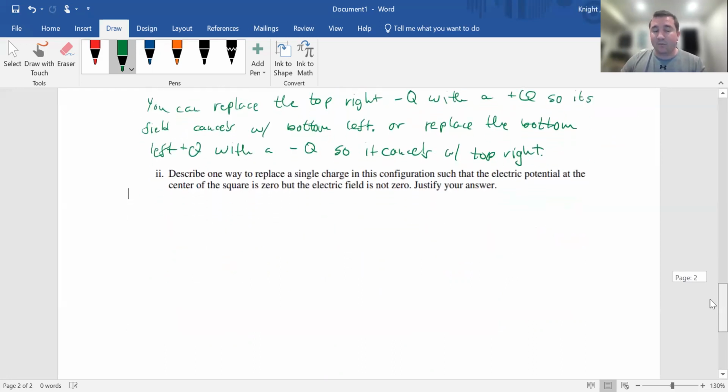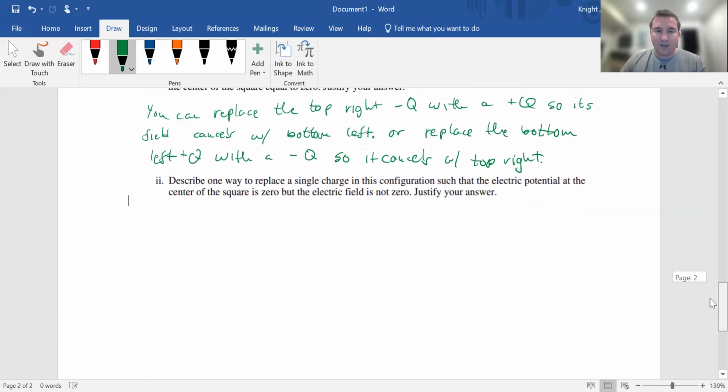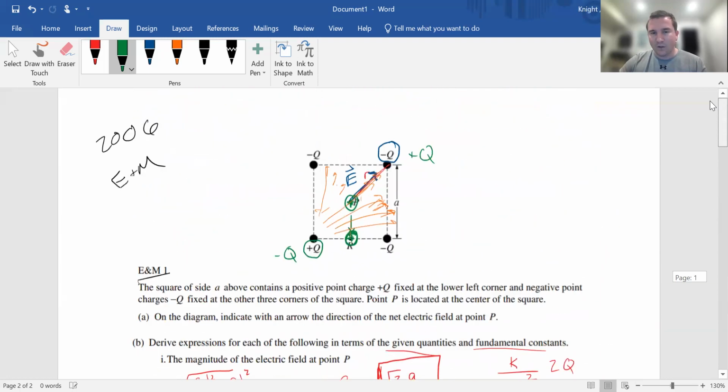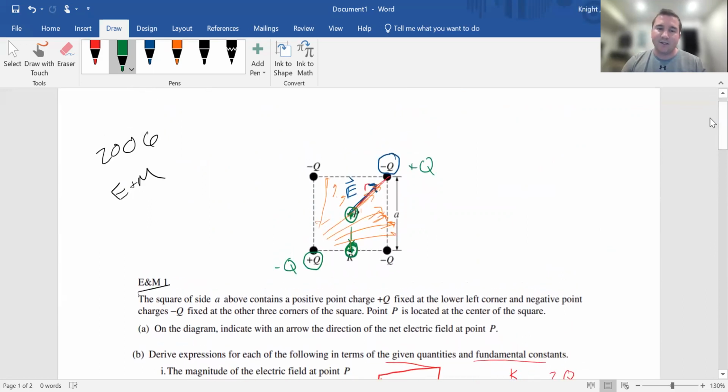And describe one way to replace a single charge in this configuration such that the electric potential is 0, but the electric field is not 0. So we've seen the two ways to change it to make the electric field 0, right? You can either make this a positive Q and this a negative, or this a negative Q. And if we take a look at them one at a time, just to see, well, I guess this doesn't work.